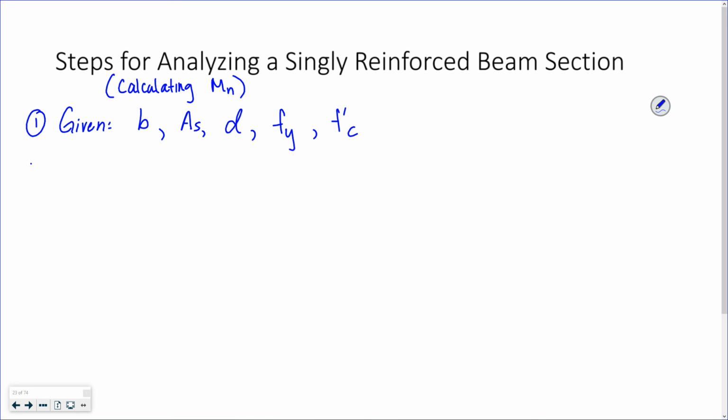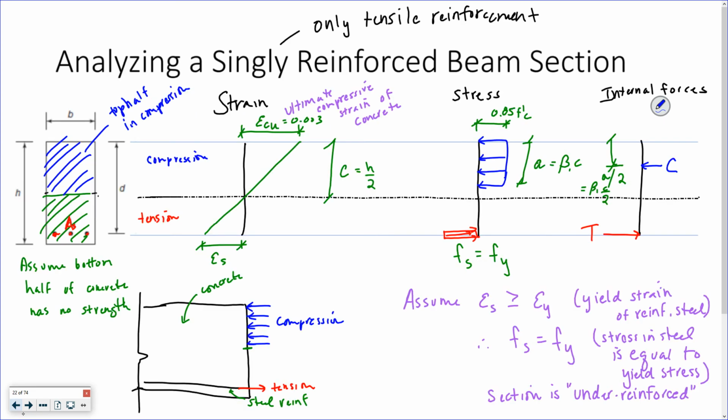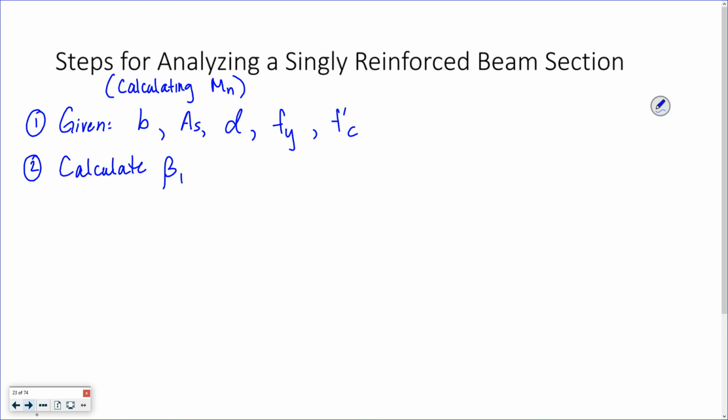From there, the first thing we have to do is calculate beta 1, which is, right, beta 1 times C is the depth of our stress block. Three, we're going to assume that the section is under reinforced. Again, that's not a bad thing.